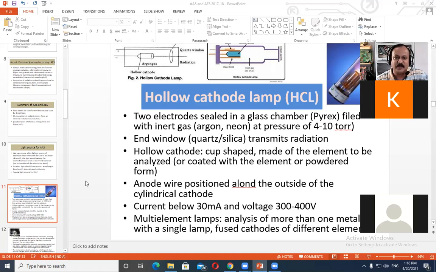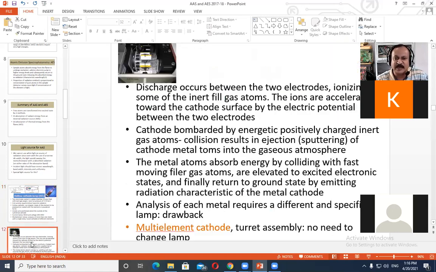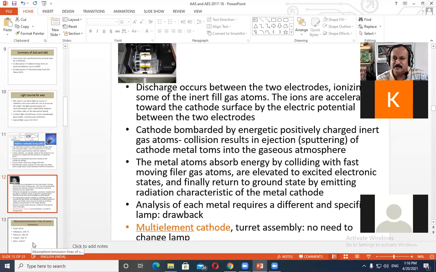And then let me see what is there on the next slide. Okay, this I have already told you. I'm not going to read it once again, but I just want to tell you that this is one difficulty: for every element that we want to detect, we need a different lamp to be put in that instrument.